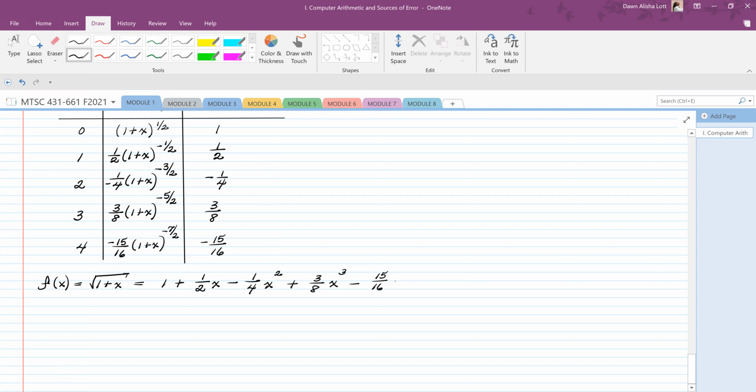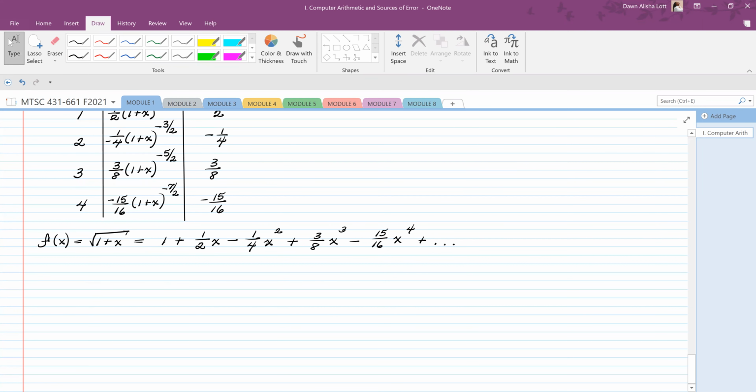15/16 x to the 4th plus ... So this is an infinite approximation to the function square root of 1 plus x.